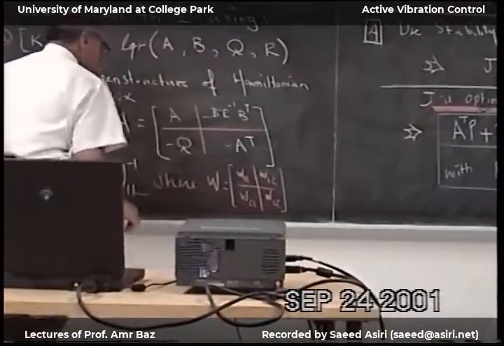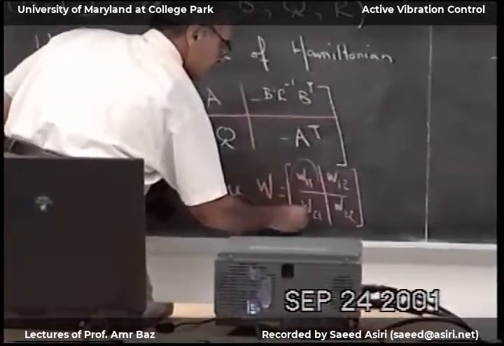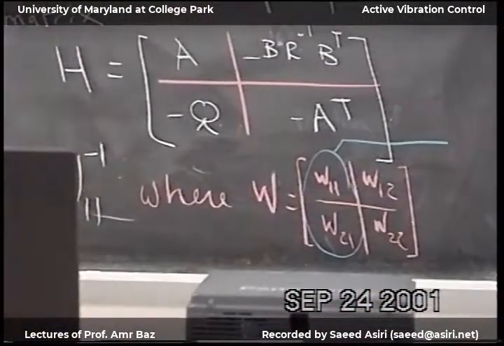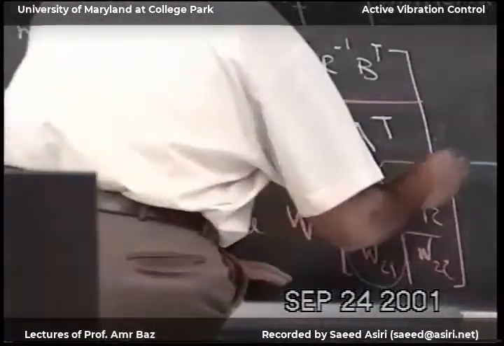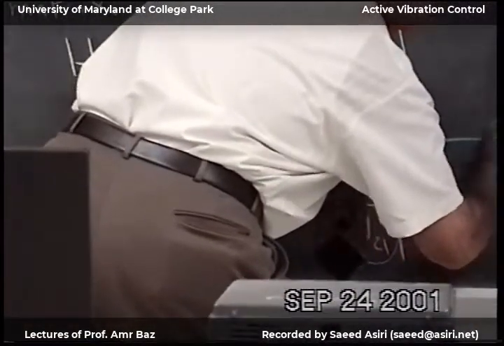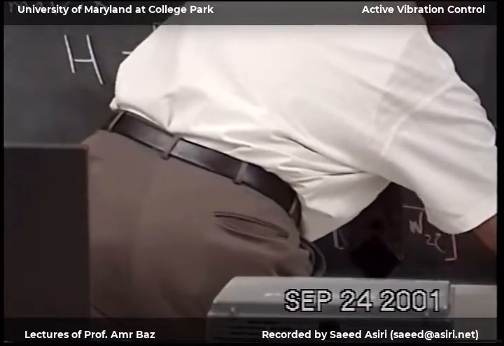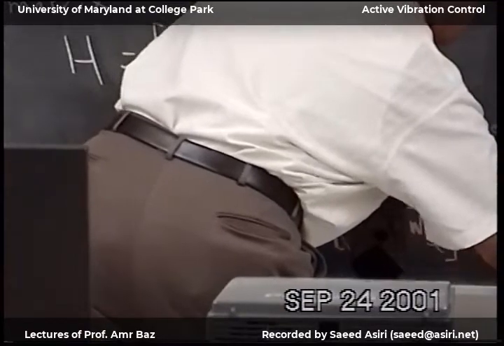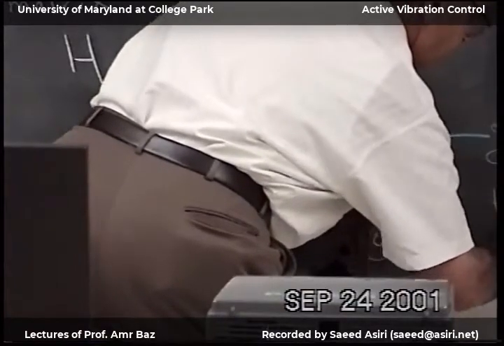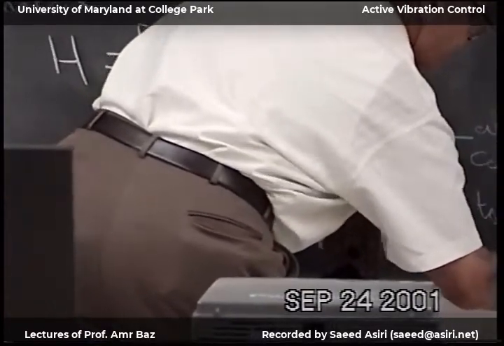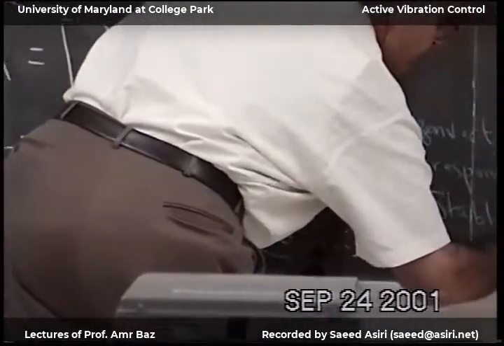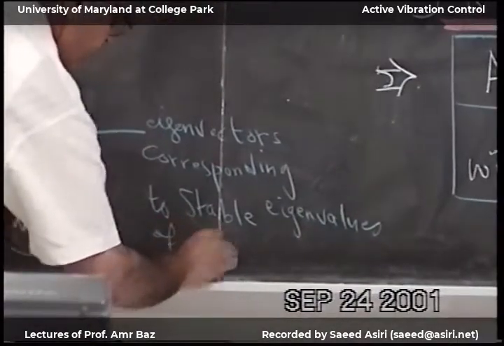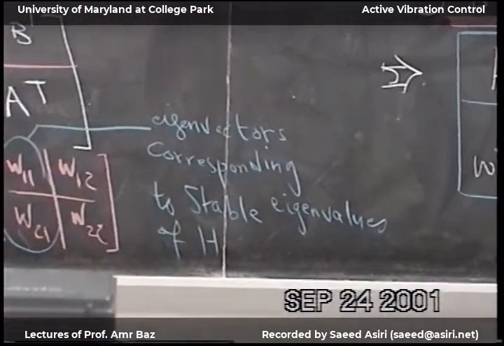And these are the eigenvectors corresponding to the stable eigenvalues of H. I give the proof.